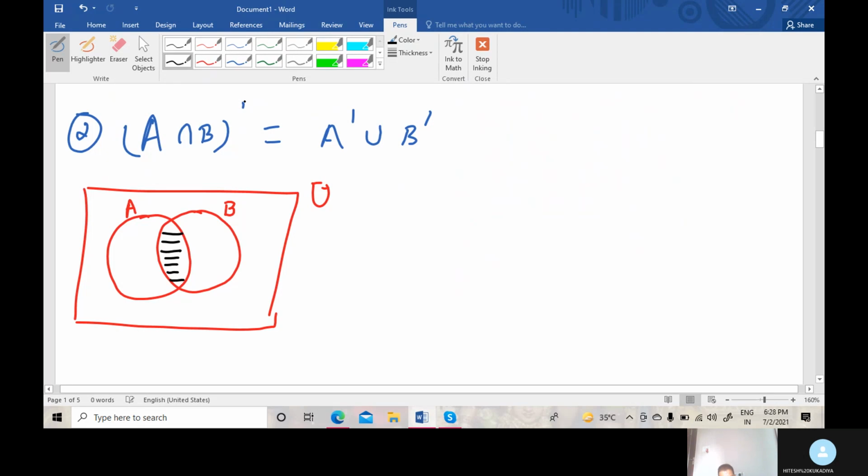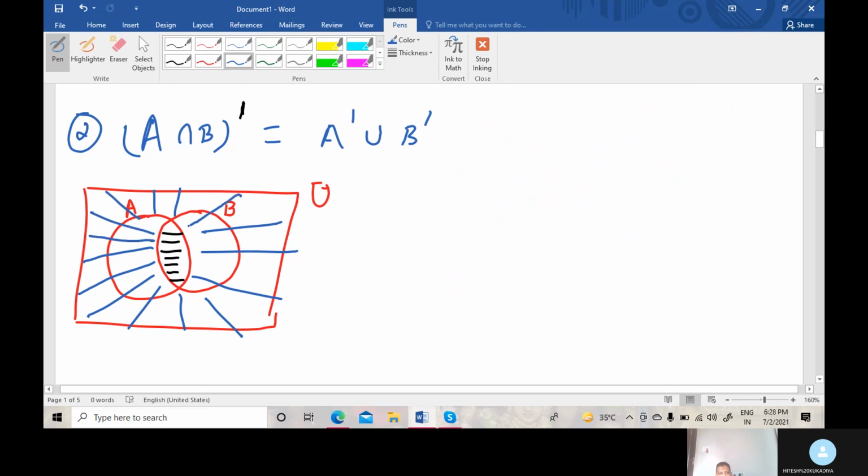But we take the complement of A intersect B. So which portion is it? All this remaining part. This portion is called the complement of A intersect B. Now the right side, A dash union B dash.